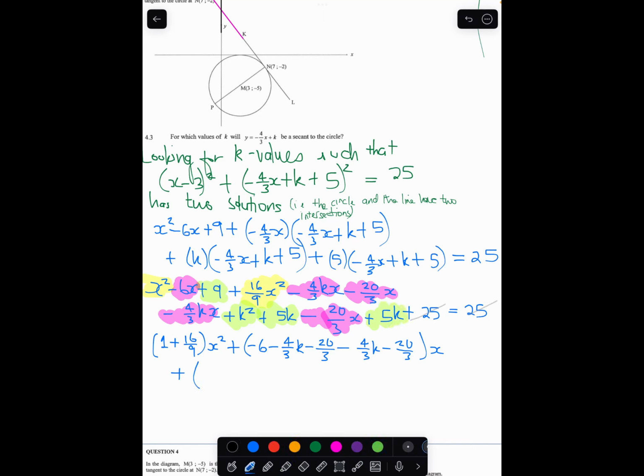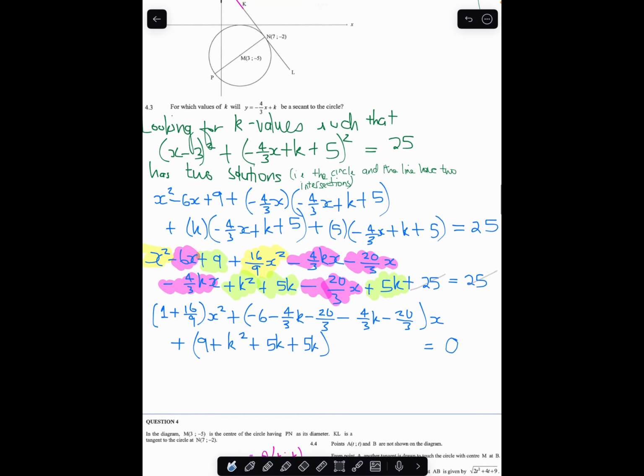So that is 9 plus k squared plus 5k plus 5k, right, is equal to, we now just have 0 left on that side. Okay, so let's simplify what's in the brackets a bit.